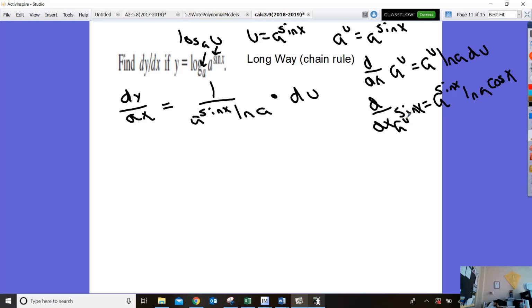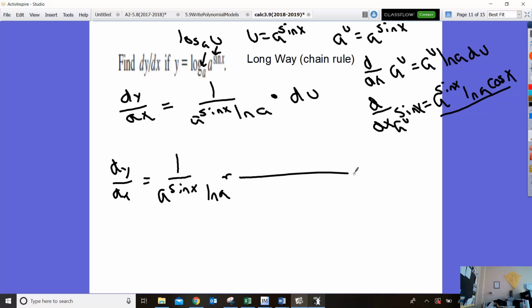Just like the easier ones, it's just down on the same level. So dy dx is 1 over a to the sine of x, natural log of a. I get to multiply it by this thing right here. Multiplication happens up top. Sometimes it makes sense to throw it up there: a to the sine of x, natural log of a, cosine x.